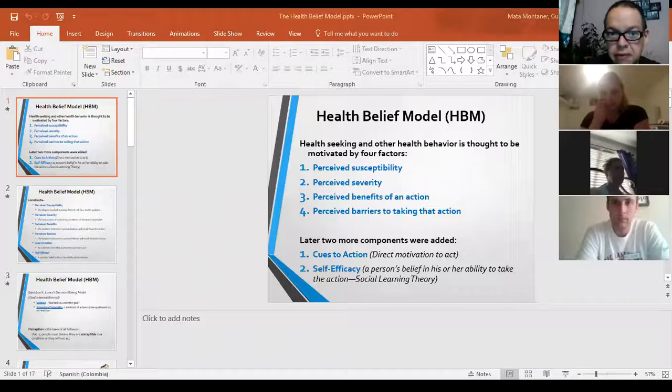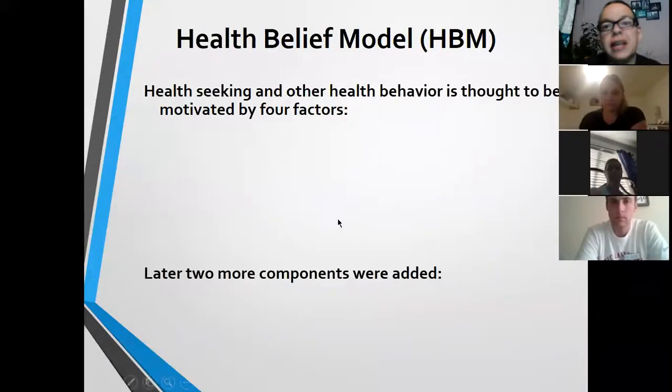Okay. So I'm going to share my screen with you if it's okay. Yeah, that's perfect. Okay, so here it is. It says health seeking and other health behavior is thought to be motivated by 4 factors.